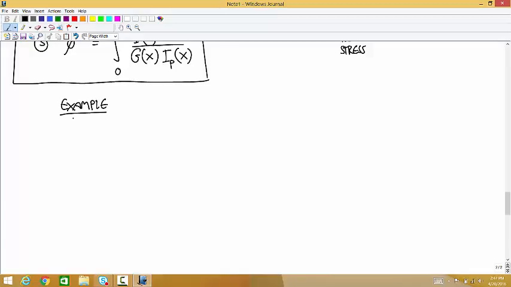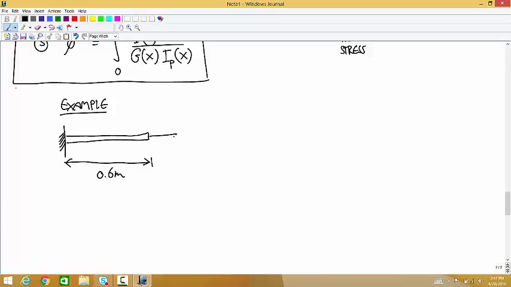Let's do a quick example. So let's say that we have a bar cantilever with a length of 0.6 meters.